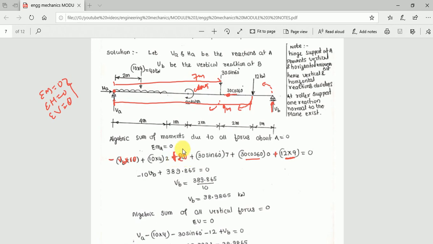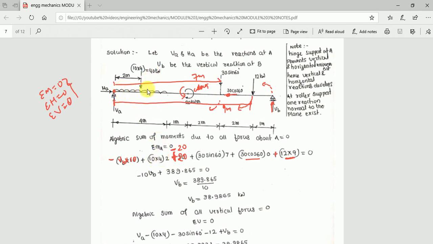Write it here. If the moment is anti-clockwise, then the symbol will be minus 20. Since it is given as a clockwise moment, I am writing it as positive 20. Then come to this force. This is 40 kilonewton, acting at a distance of 2 meters.